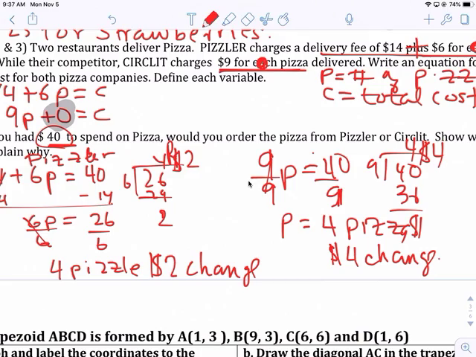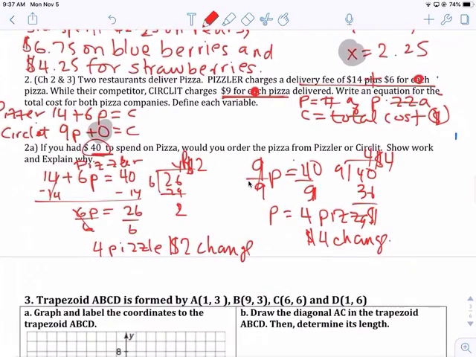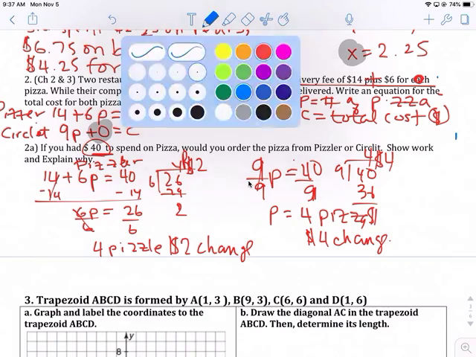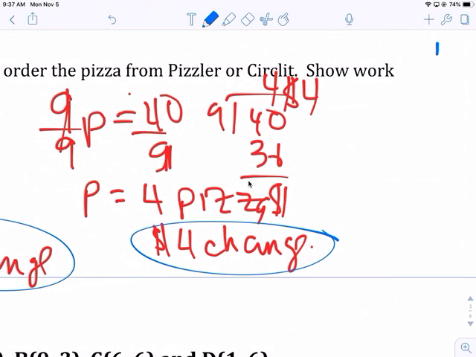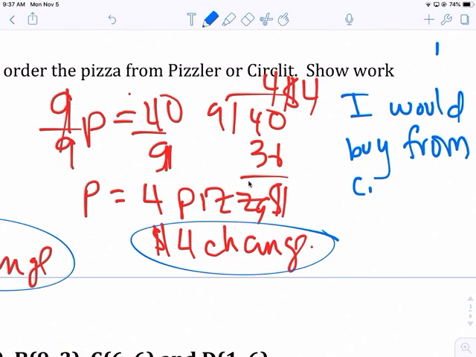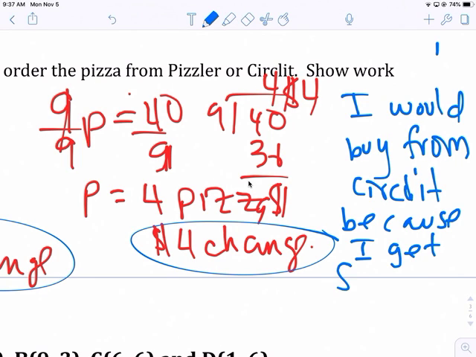So both can buy 4 pizzas, but I would buy from Circlet because I still have $4 left instead of $2 change.